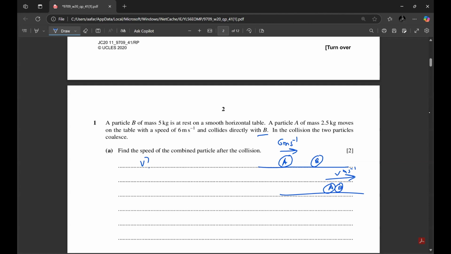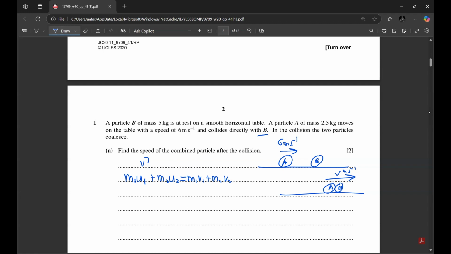Just use the equation: M1U1 plus M2U2 is equal to M1V1 plus M2V2.